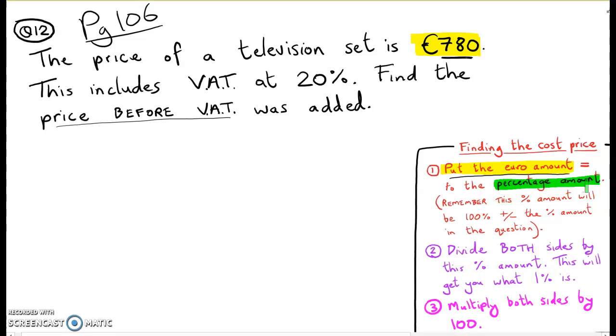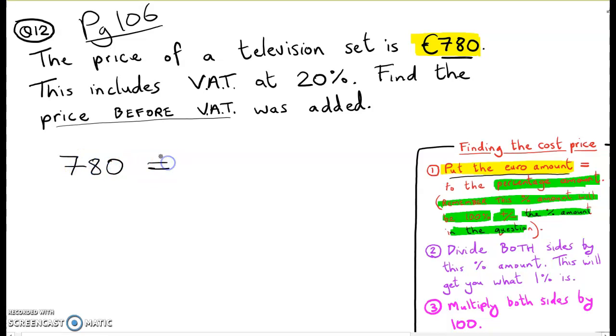Now remember, be careful for this. This percentage amount will be 100% plus or minus the percentage amount in the question. Now what I mean by that is, we put the euro amount, this is the yellow bit, equal to the percentage amount.